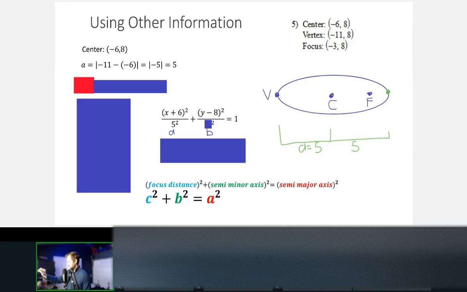So from the center to this focal point, can that length be more than 5? It is definitely not more than 5. It can't be. It's not possible. It's less than 5. So it can't be 8.